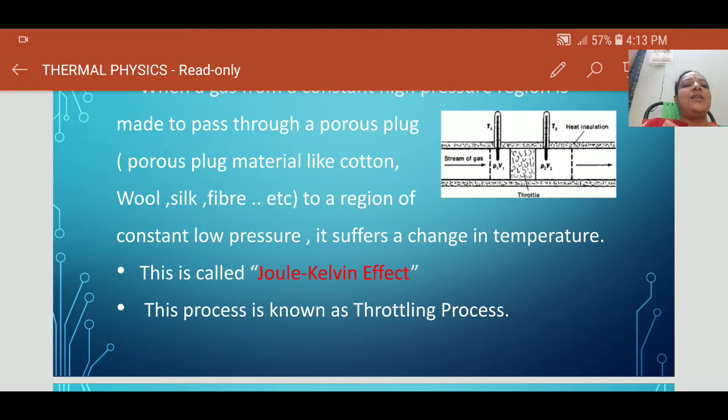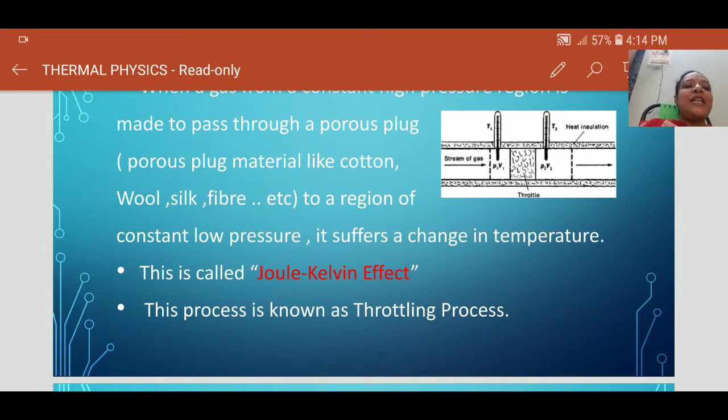A stream of gas enters into this throttle, and to move some distance it has to do some work. To do some work it needs some energy. From where does it get that energy?